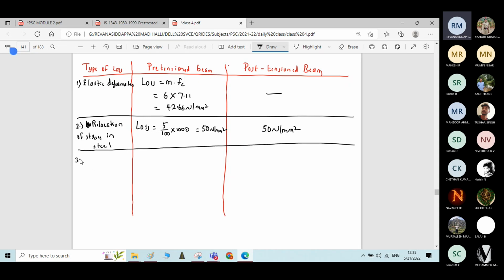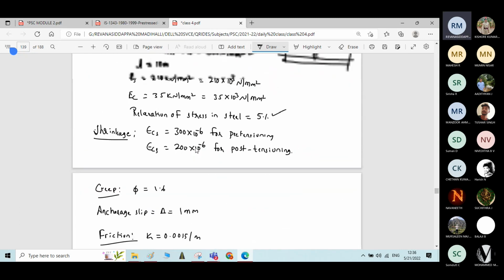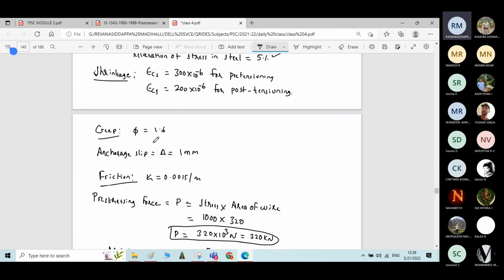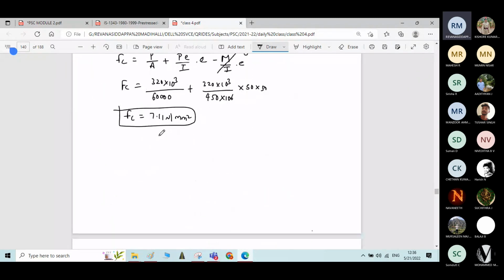Next, coming to the loss due to creep of concrete. We have the formula: loss is equal to phi into fc into m. The creep coefficient phi is given as 1.6, fc is known, and m is 6.